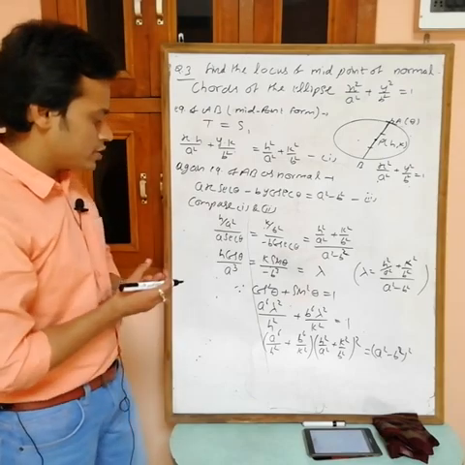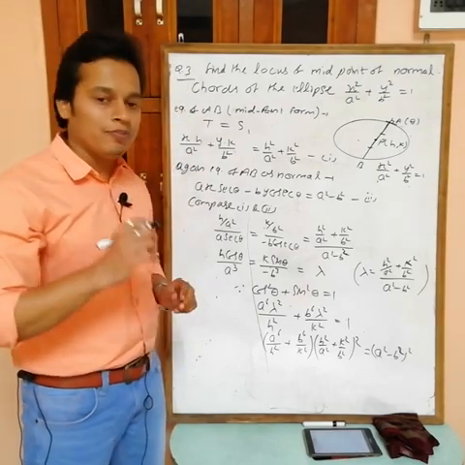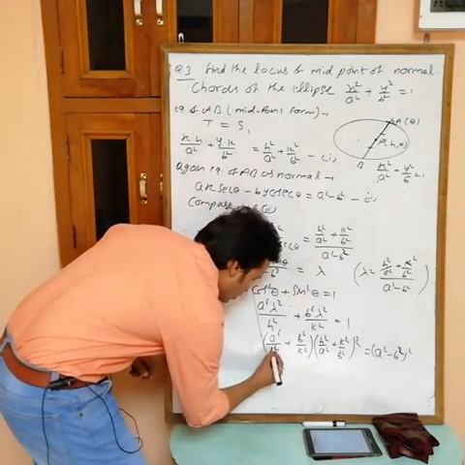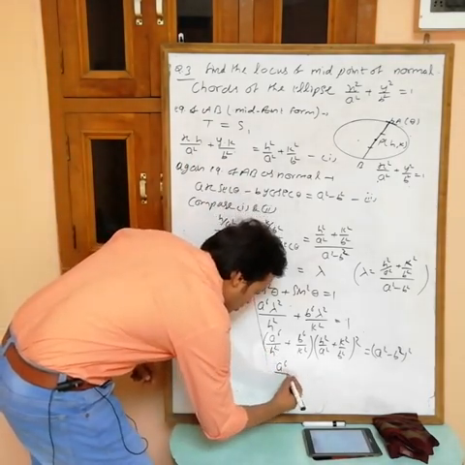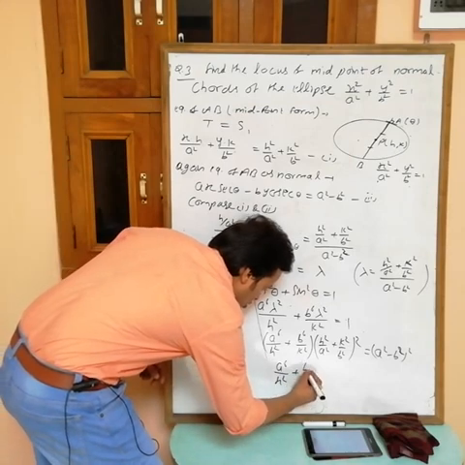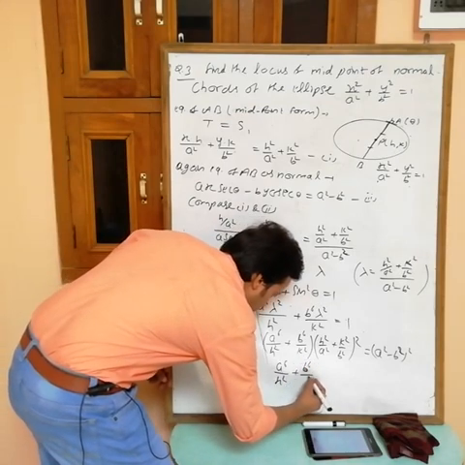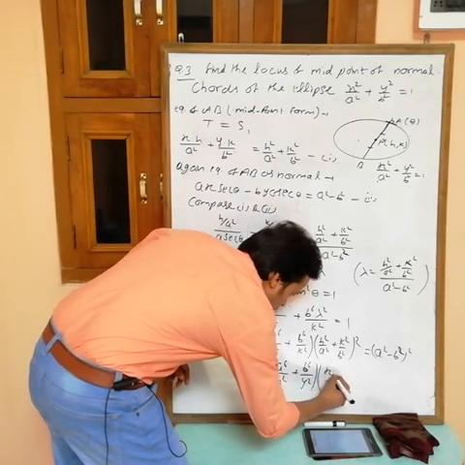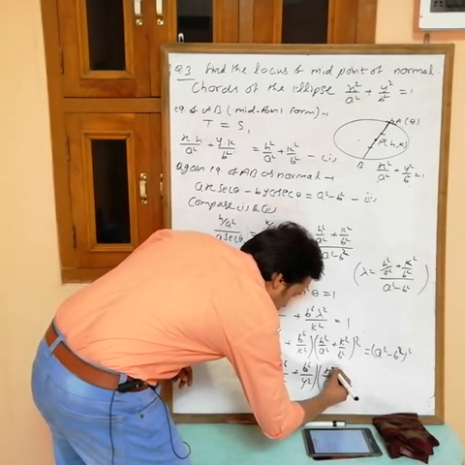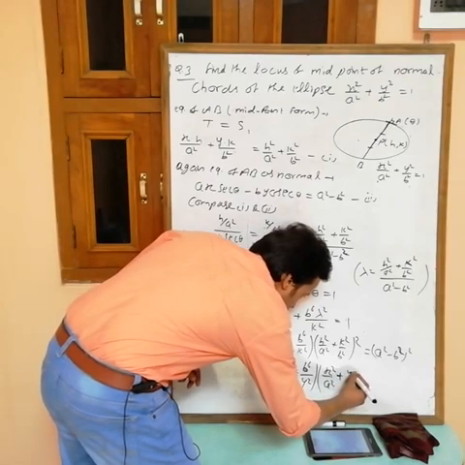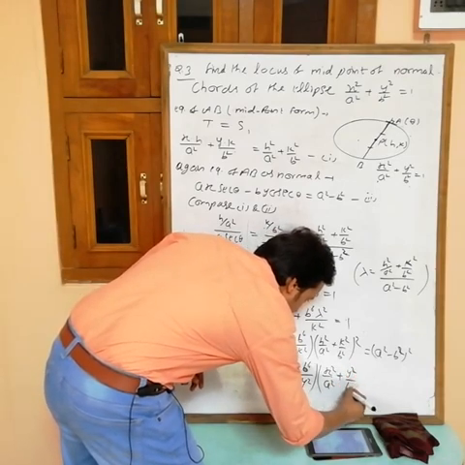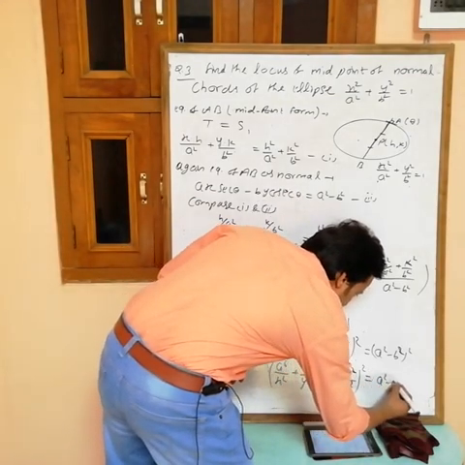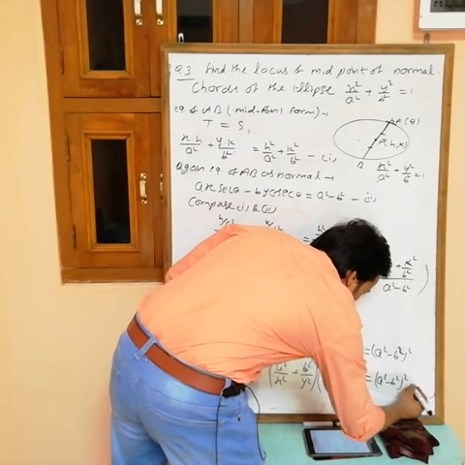Now this is a relation between h and k, so at the end replace h with x and k with y. Okay, so a power 6 by x square plus b power 6 by y square, into x square by a square plus y square by b square whole square equal to a square minus b square whole square.